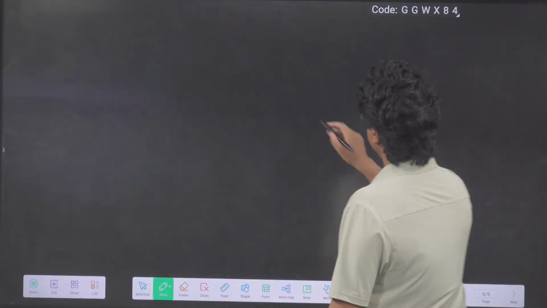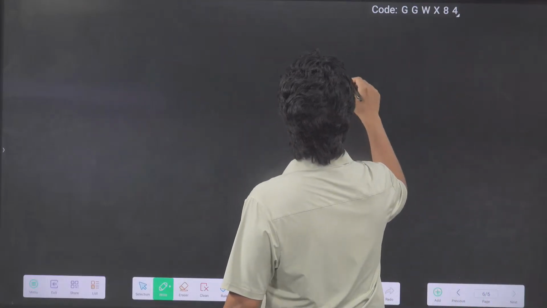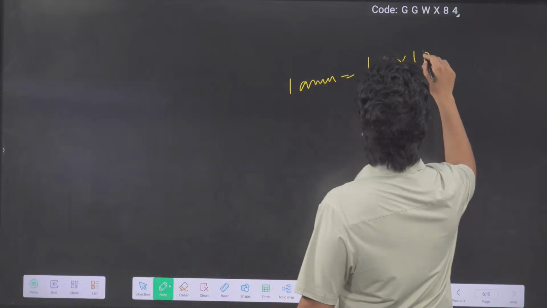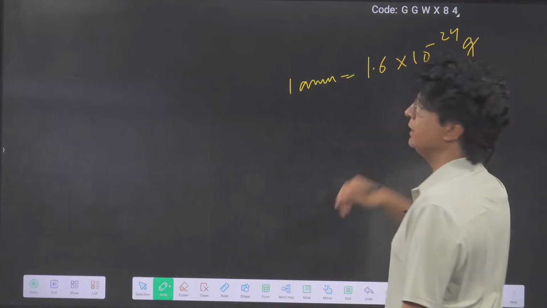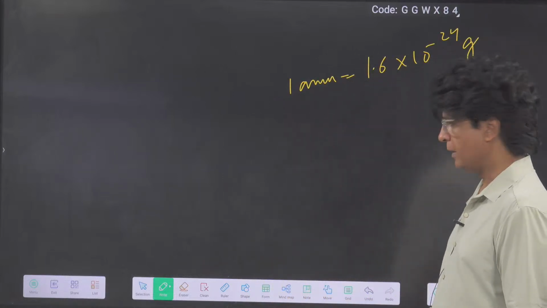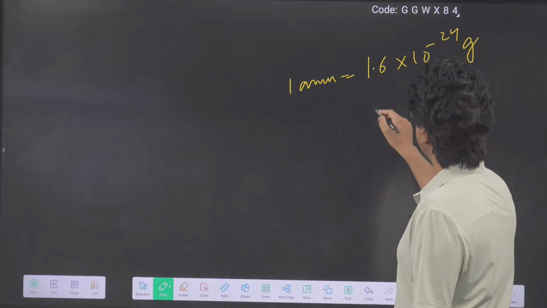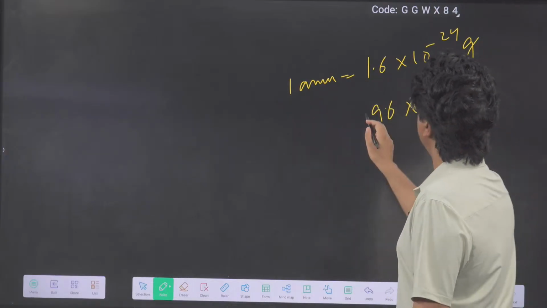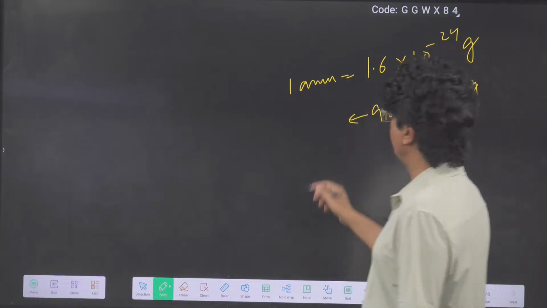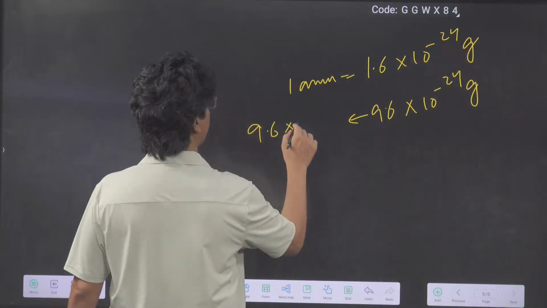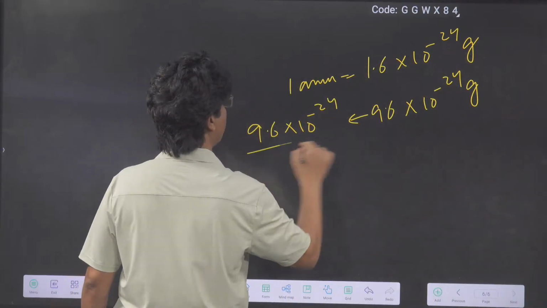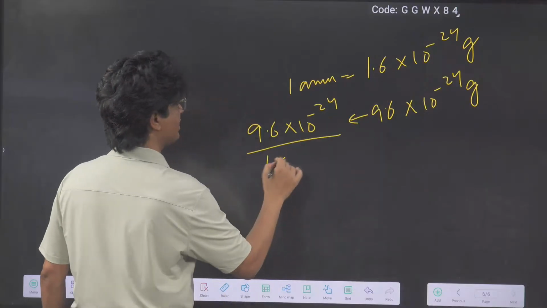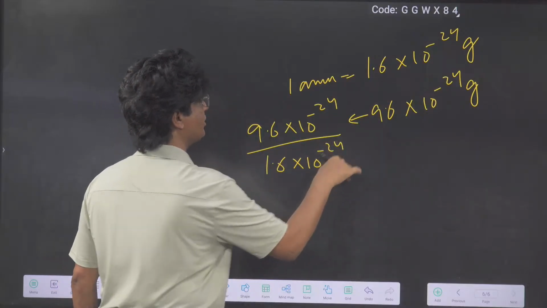I know that 1 AMU is equal to 1.6 into 10 to the power of minus 24 gram. Yes or no? So 9.6 into 10 to the power of minus 24 gram will be equal to how many AMU? You should divide 9.6 into 10 to the power of minus 24 by 1.6 into 10 to the power of minus 24.